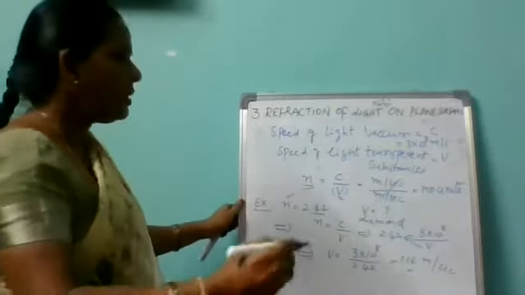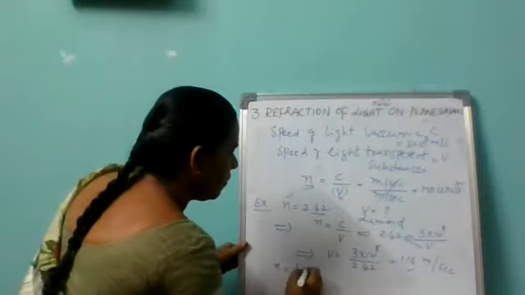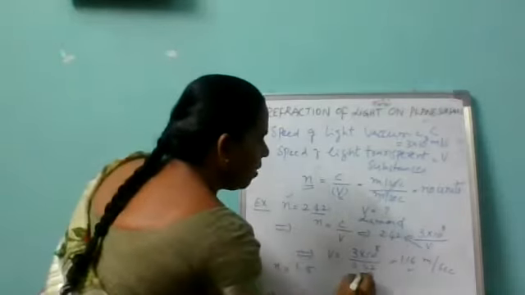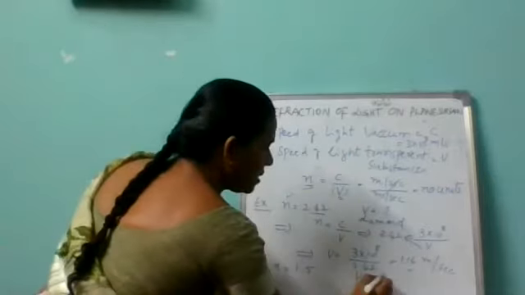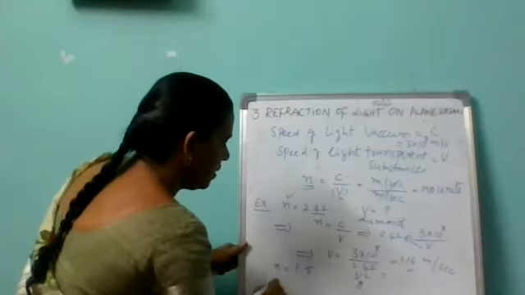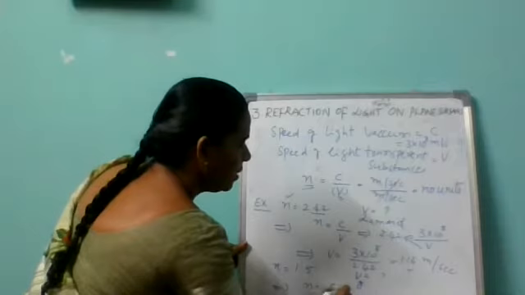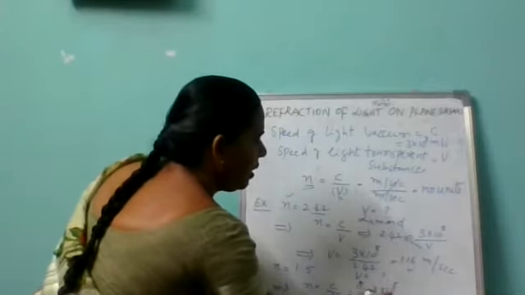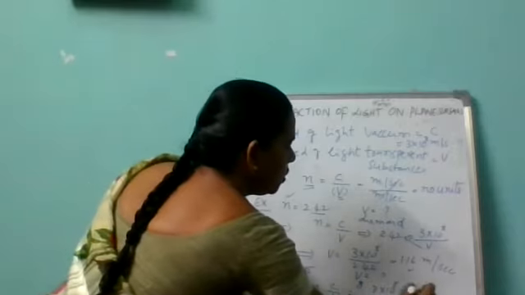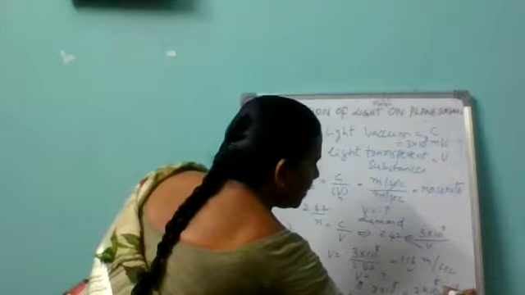Next example, the refractive index of glass is 1.5. What is the speed of light in glass? Can you do it? Yes, you will do it. Simply, n is equal to c by v, which is equal to 3 into 10 power 8 divided by 1.5, which is equal to 2 into 10 power 8 meter per second.